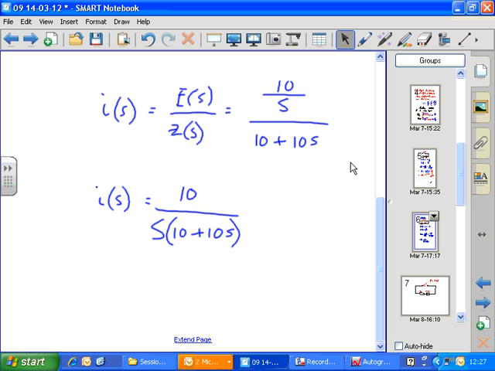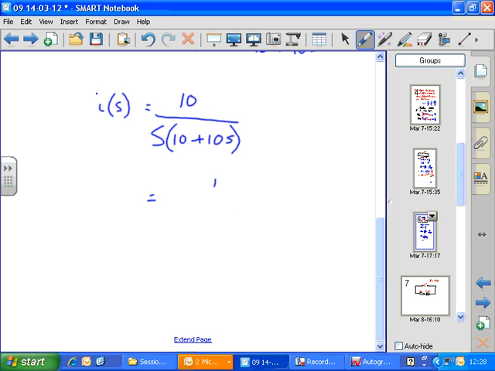I could now divide top and bottom by 10 to make it a bit more straightforward. So this will equal 1 over s into 10 divided by 10 is 1 plus s. So we have that IS equals 1 over s into 1 plus s, because I've divided the top by 10 and both terms in the bottom by 10.